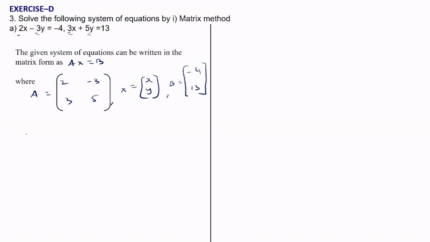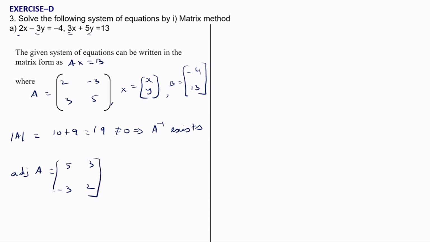Now we have to find A inverse. For that, first we have to find determinant of A. Determinant of A is 10 plus 9, 19, not equal to 0, which implies A inverse exists. Then adjoint of A is a 2 by 2 matrix, so we can interchange the diagonal elements and change the sign of the other elements.